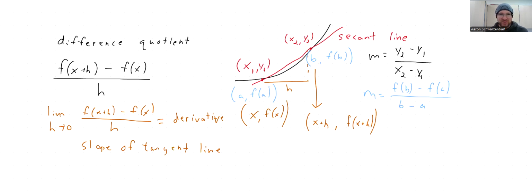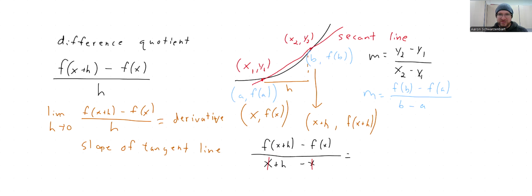So the slope formula for the first one: y2 minus y1 over x2 minus x1. My x's cancel out, leaving me with the difference quotient.